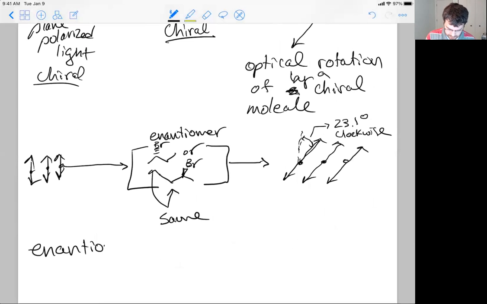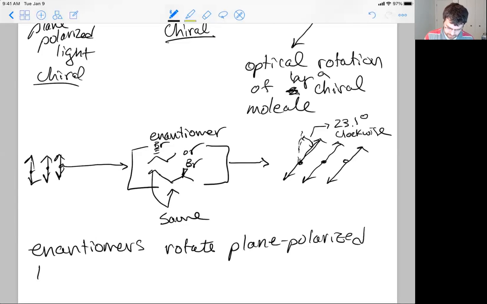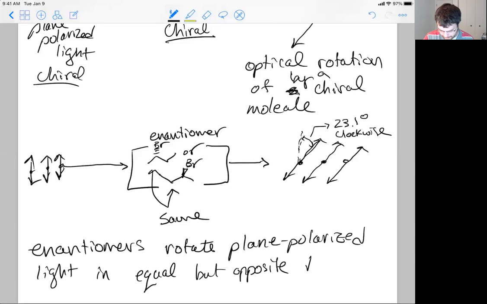So enantiomers rotate plane polarized light in equal but opposite directions. Okay? In equal but opposite directions. So that's another property of enantiomers.